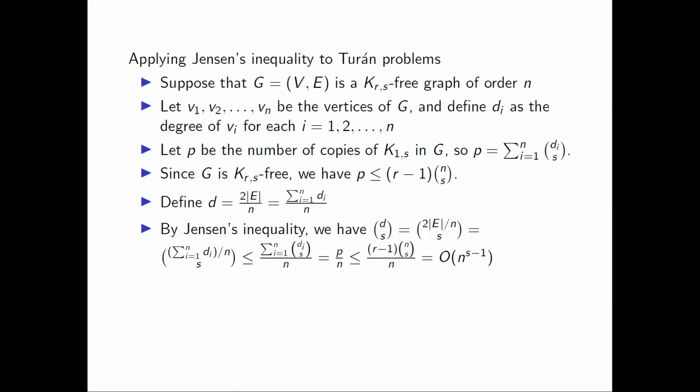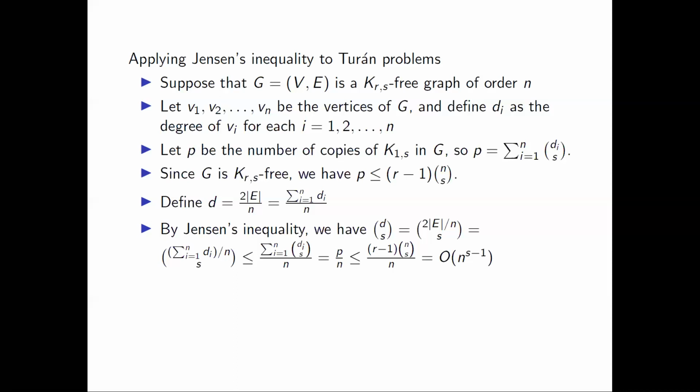And we can look back at the third bullet, and we saw that P was equal to the sum from i equals 1 to n of di choose s. So we can rewrite the sum from i equals 1 to n of di choose s over n as P over n.